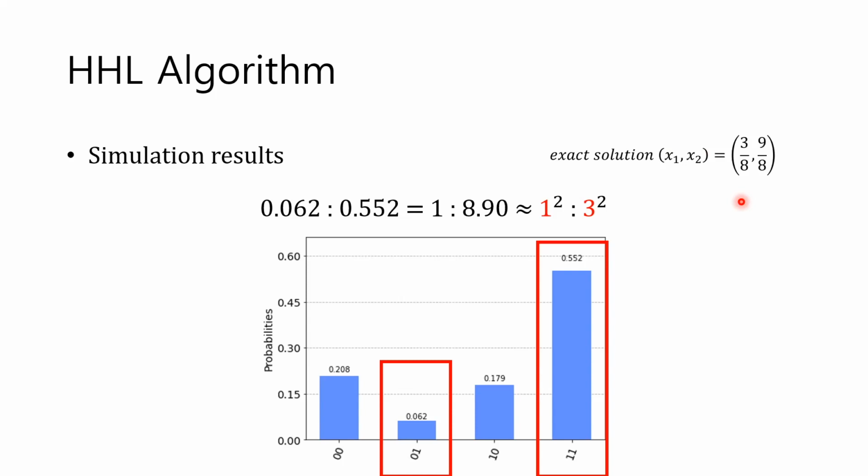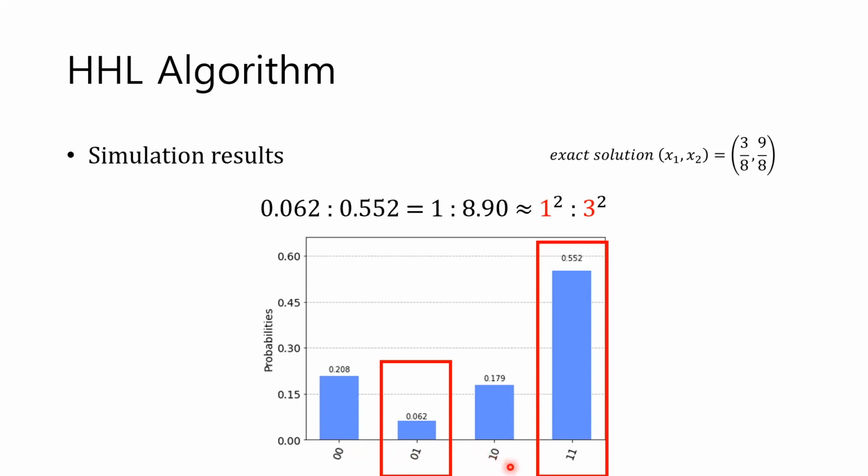Yes. What about our ratios? Which ratio? The probability of 1 over the probability of 1 0, for example. 1 0 here? No, not 0, 1 0. 1 0 here? Yeah.